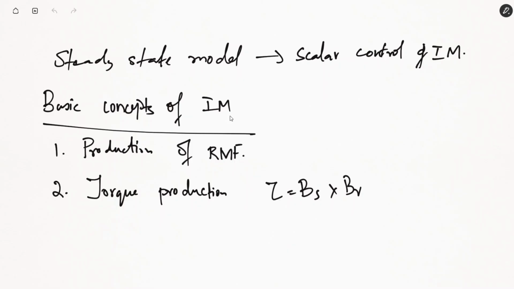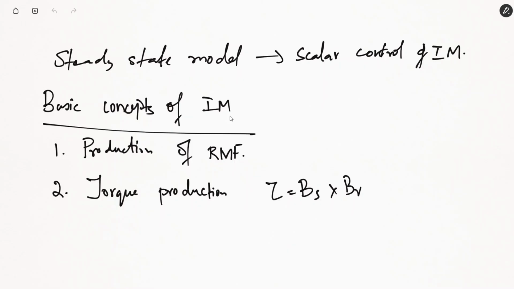But before that, you have to go through some basic concepts. You have to revise these concepts. You have already studied them in the machines course. I do not have to revise them for you. You can revise them on your own.